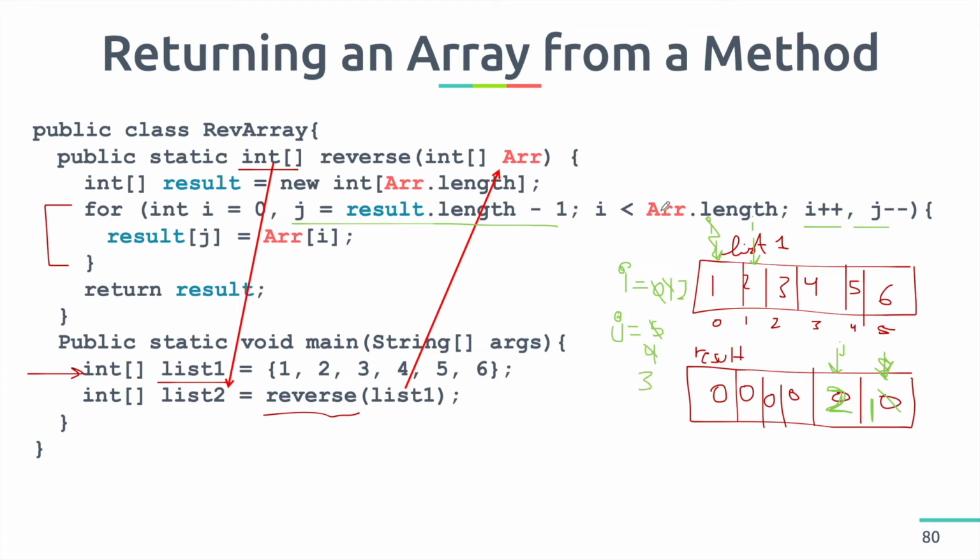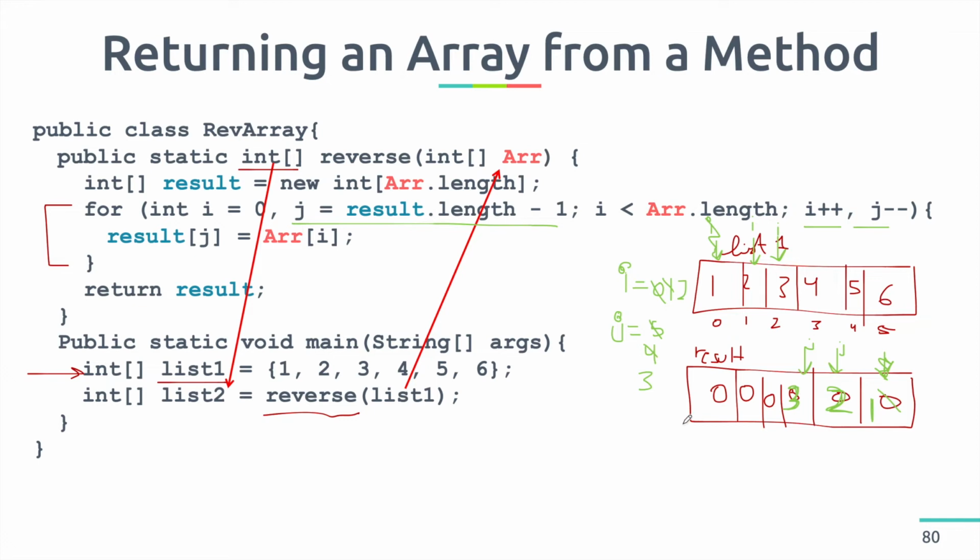We check the condition. The condition is still true. So we will execute the statement in the body. So to visualize it, now I is here and j is here. So we will, as we usually do, set result at index j equal to the array at index I. So here we'll have 3.